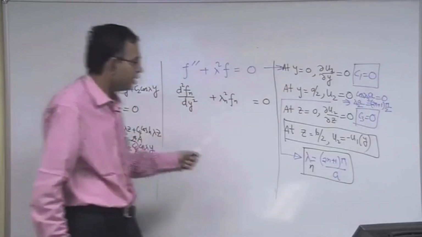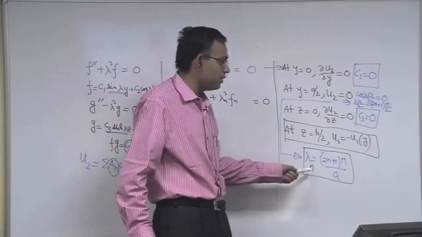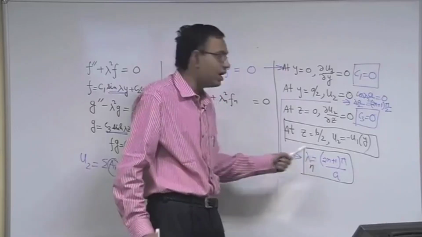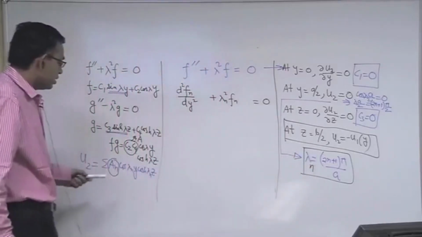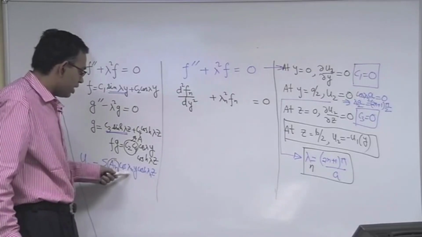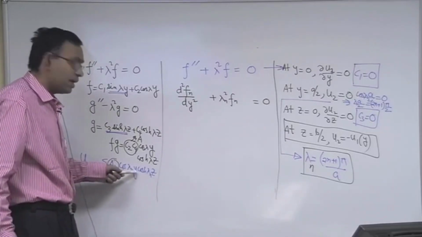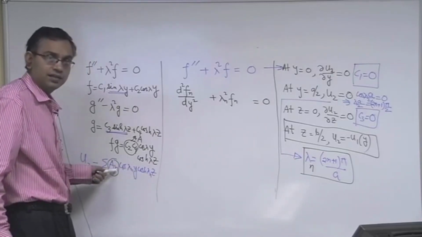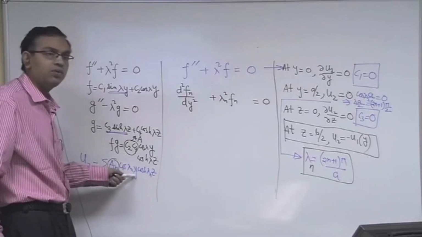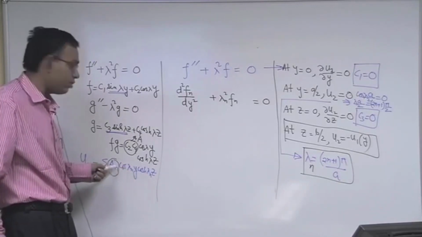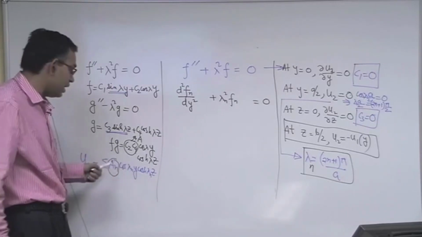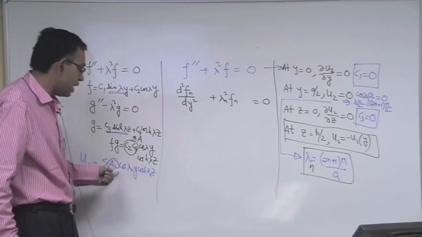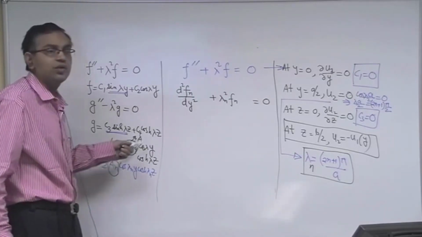So, there are only these possible values of lambda n for which you have a non-trivial solution, because you could otherwise argue that if I do not take cos lambda n y as 0, then also I could get a solution, then I would set a n equal to 0, right. But then if a n becomes 0, u2 becomes trivially 0. So, a n equal to 0 is ruled out.